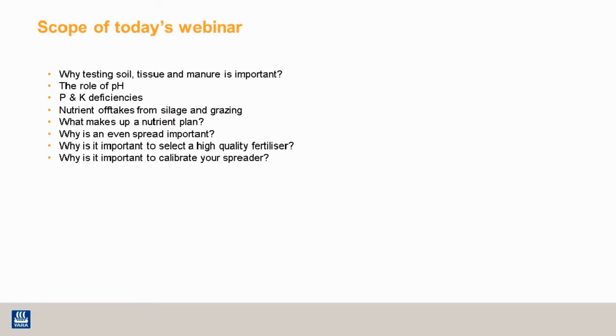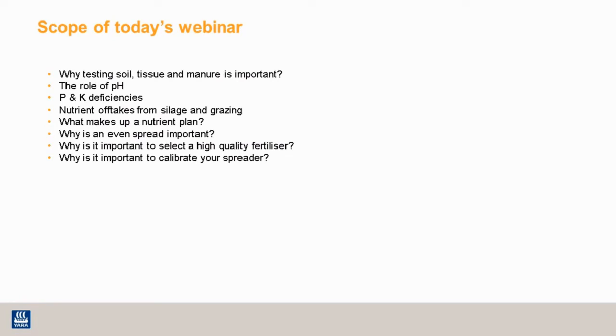I'm delighted to be joined by my three colleagues, Jon Telfer, Yara's Analytical Services Development Manager, Philip Cosgrave, Country Grassland Agronomist, and Nigel Hester, Area Manager specialising in grassland. So today we're going to cover a number of areas. Jon is going to take us through why testing soil, tissue and manure is important, the role of pH, P and K deficiencies.